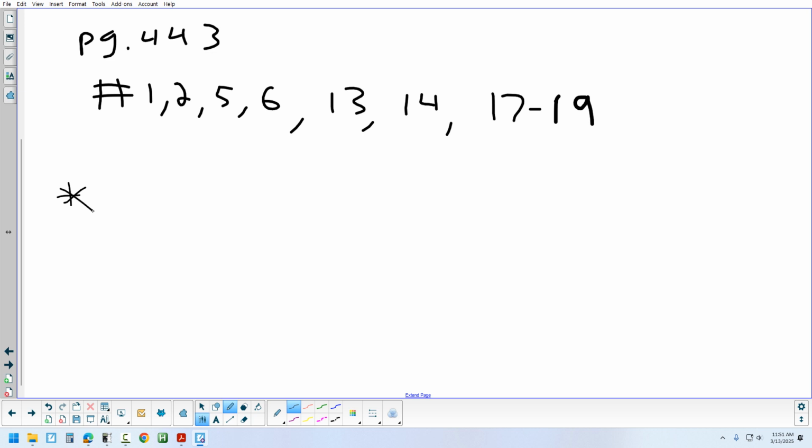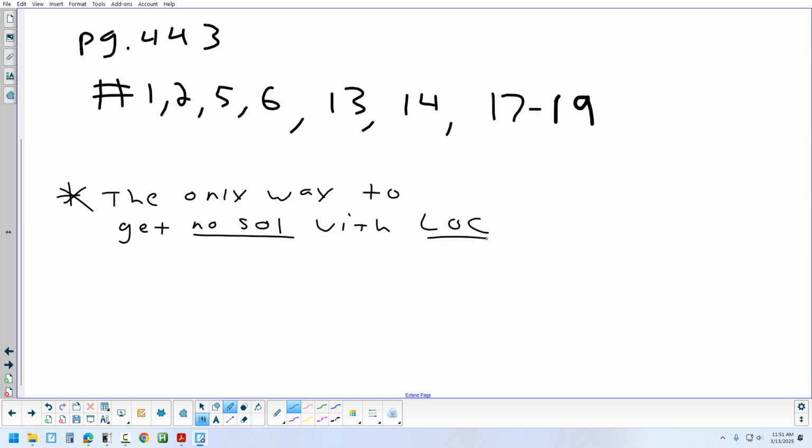One thing I want to add. So the only way to get no solution with law of cosines is with side, side, side. That's the only time that you could get a no solution. Now, what did we always say about two sides in a triangle compared to the third side?